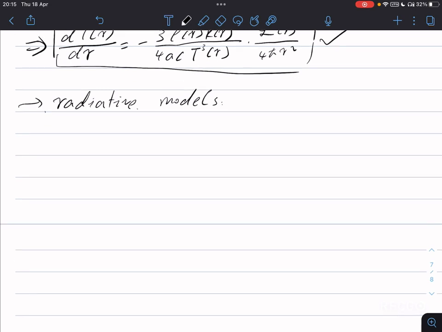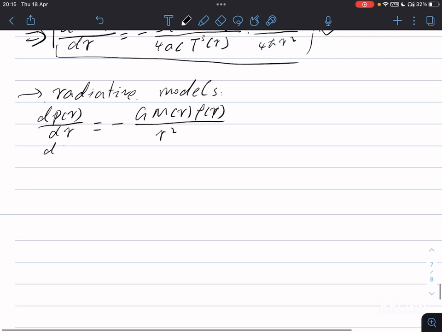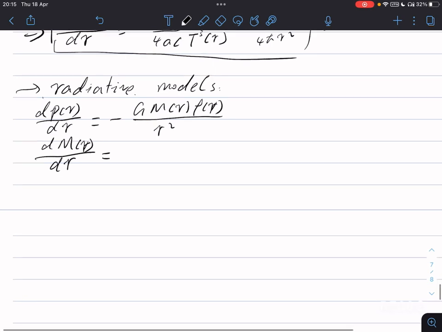Radiative models: 4 equations. The first two are the hydrostatic equilibrium equation, dP(r)/dr equals minus G m(r) ρ(r) over r², and dm/dr equals 4πr²ρ(r).